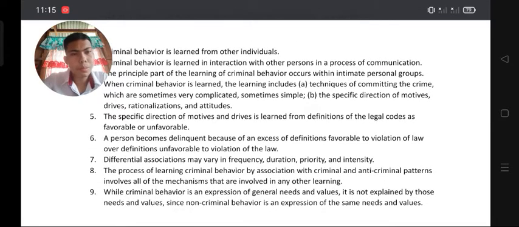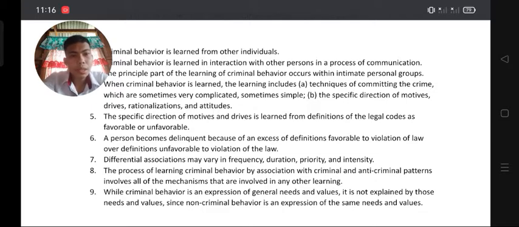The specific direction of motives and drives is learned from definitions of legal codes as favorable and unfavorable. A person becomes delinquent because of an excess of definitions favorable to violation of law over definitions unfavorable to violation of law. Differential associations may vary in frequency, duration, priority, and intensity.